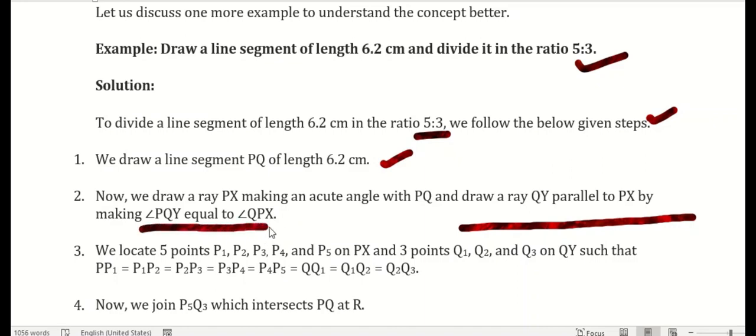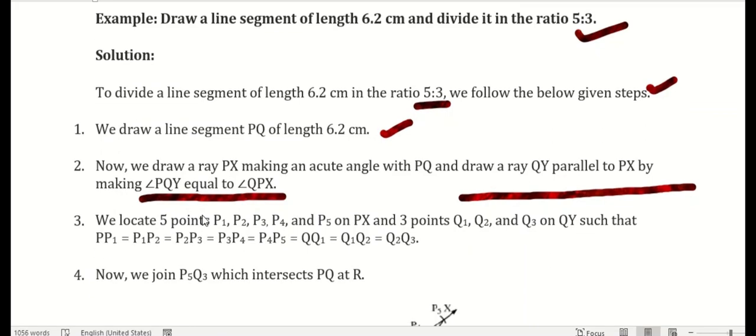While you are drawing the line parallel to the respective sides, the angles of PQ and QY are same. Acute angle means less than 90 degree. Approximately we are taking 45 degree, 60 degree, whatever you can take for drawing this type of line segments division.